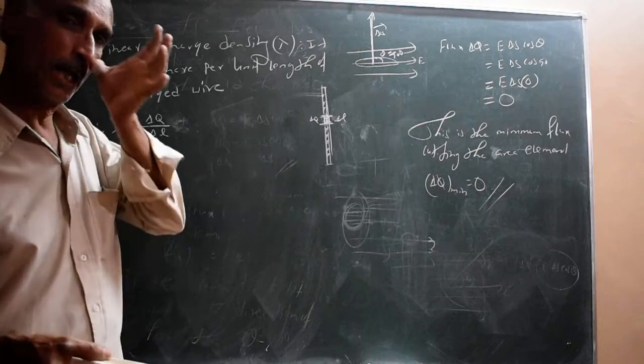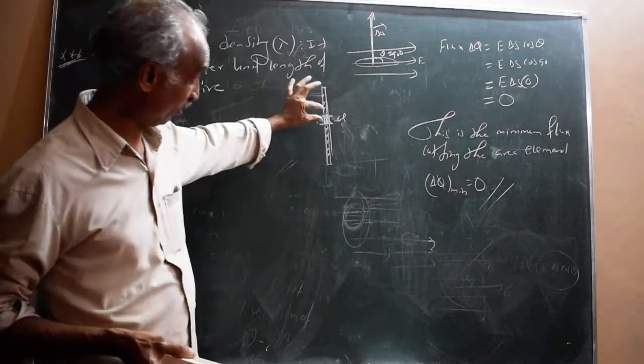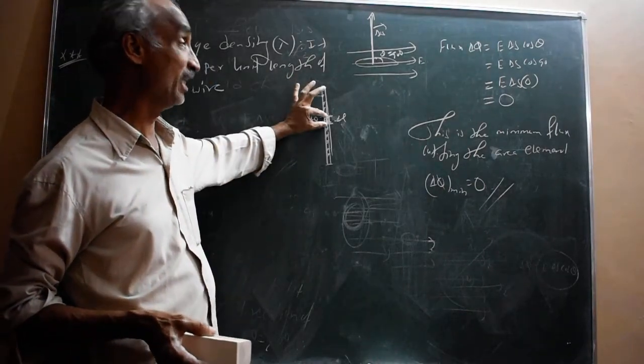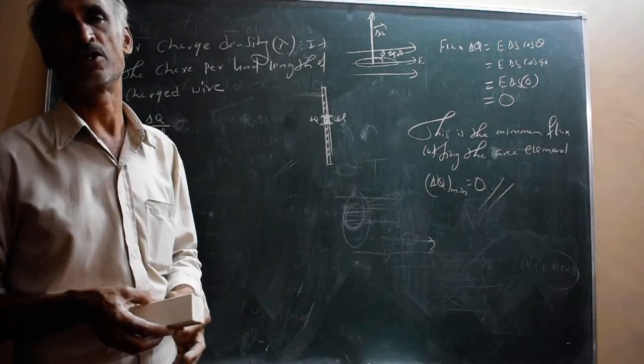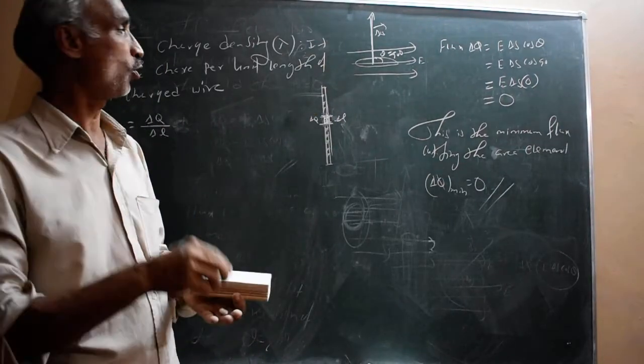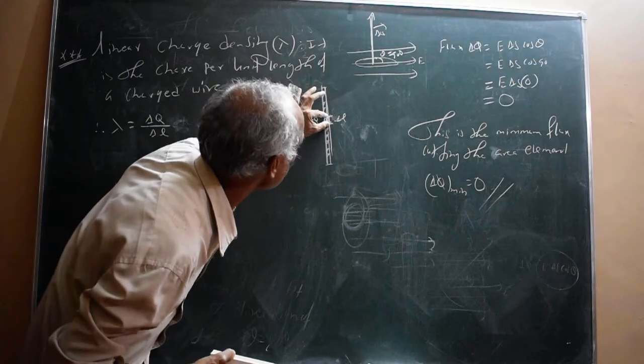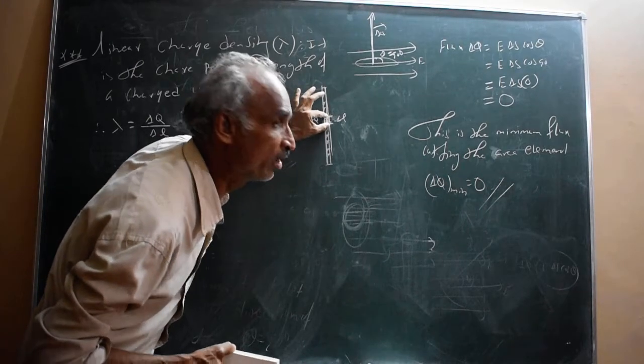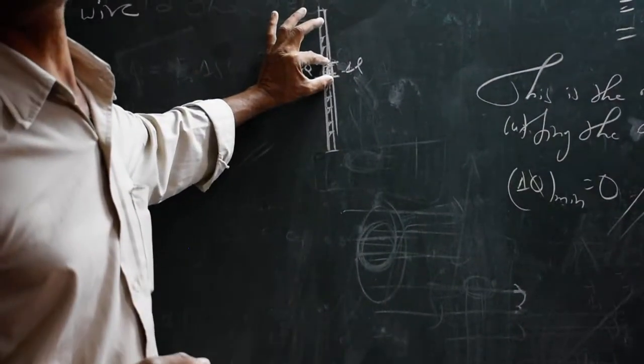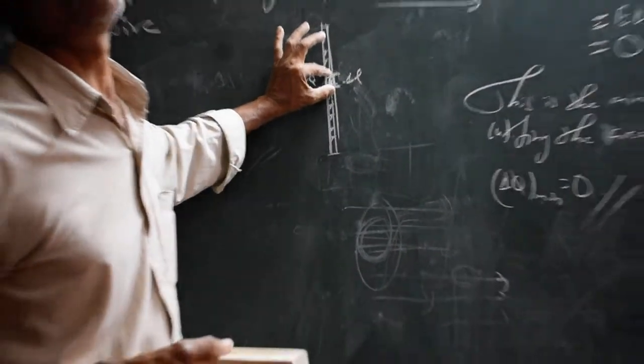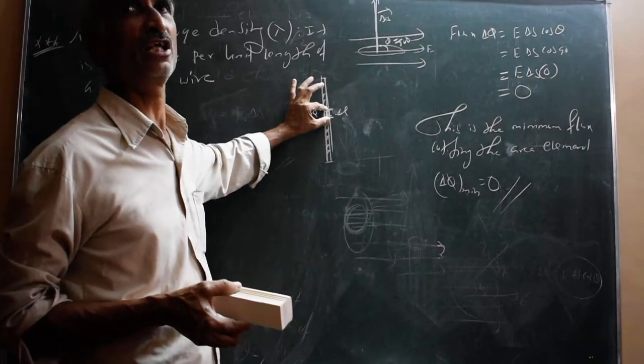Even though delta L is very small, it contains a large number of charge constituents. It can be electrons, protons or any other charge carriers.